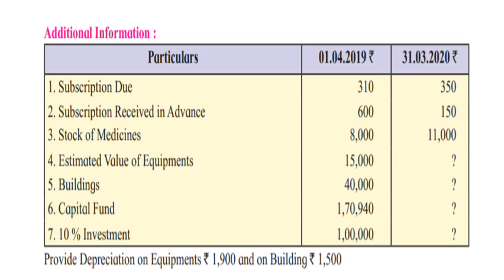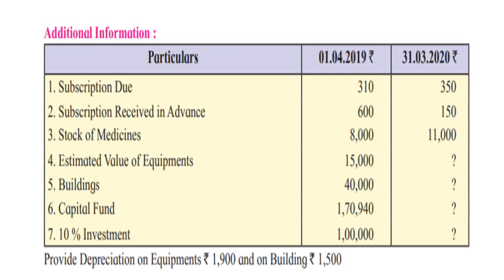So when the outstanding subscription for the current year is there, that time we have to add that outstanding subscription of the current year to the current year's subscription, and we have to give the second effect to the balance sheet asset side.